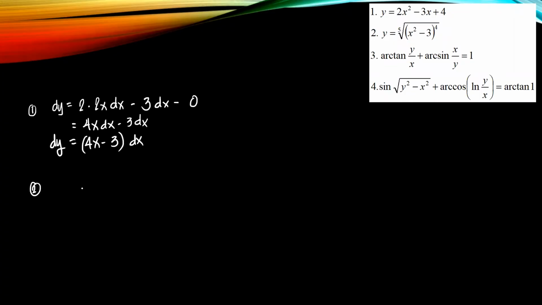So number 2. This one, we will apply the power rule. So dy is basically 4 over 5 times x squared minus 3 to the 4/5 minus 1. And then the derivative of the inside is 2x.